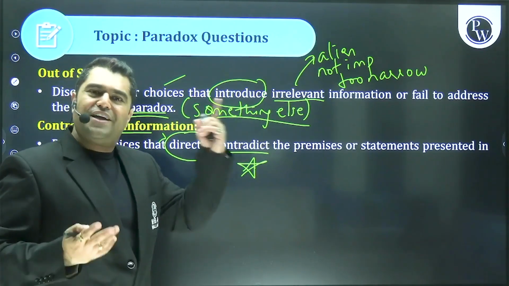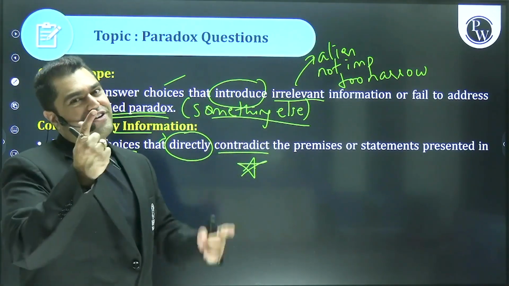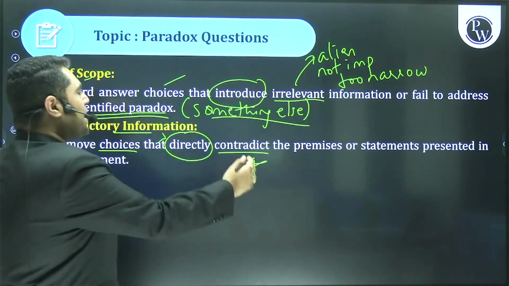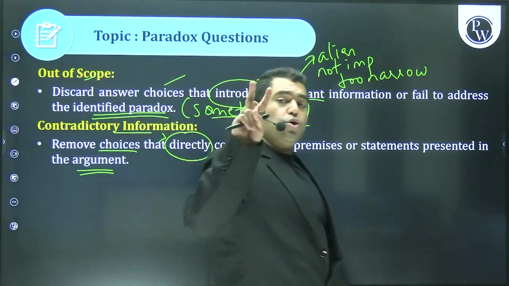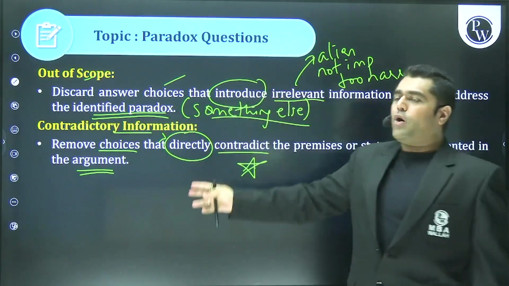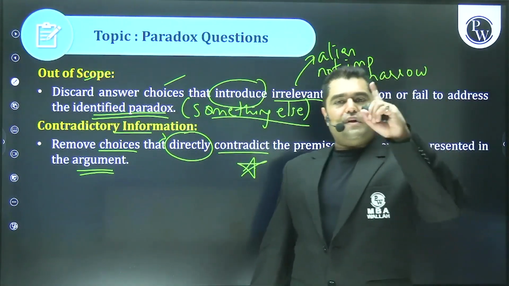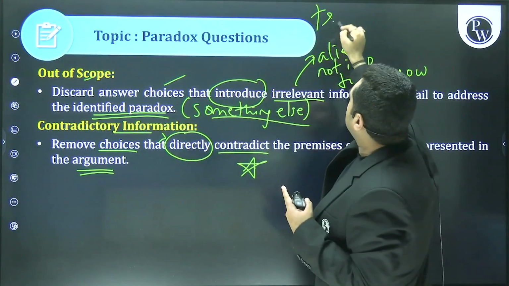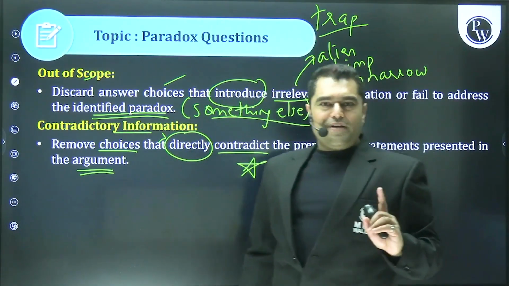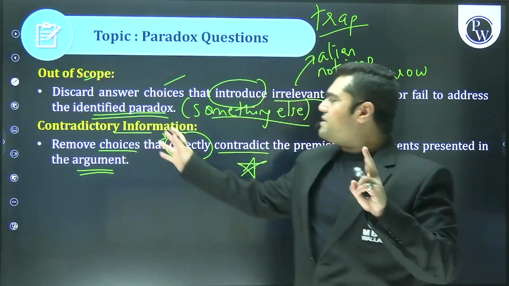We can't, that grows fastest. Contradictory. Okay? So any premises or statements presented in the argument. So paradox के लिए 2 checkpoints. Imagine 2 options already gone. Something will be alien. These are your trap choices. These are classic trap choices. Good. One is contradictory, one is out of scope.